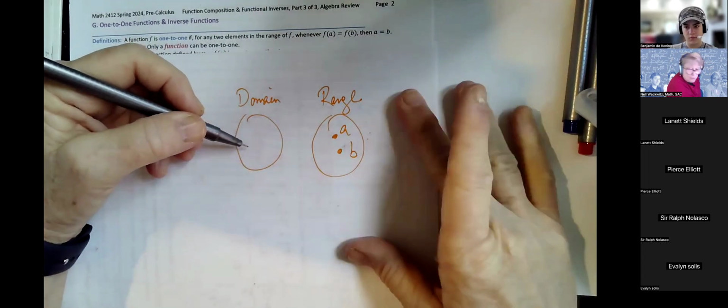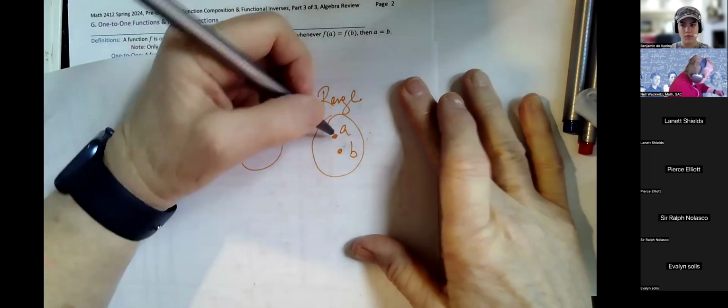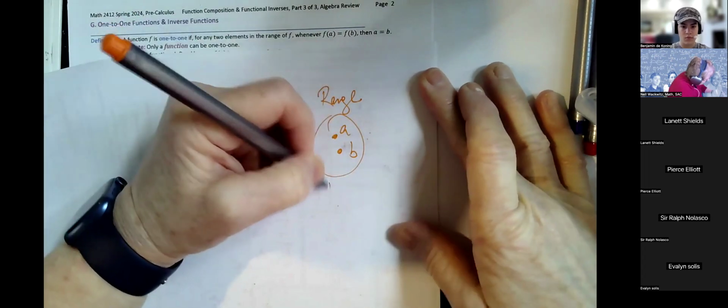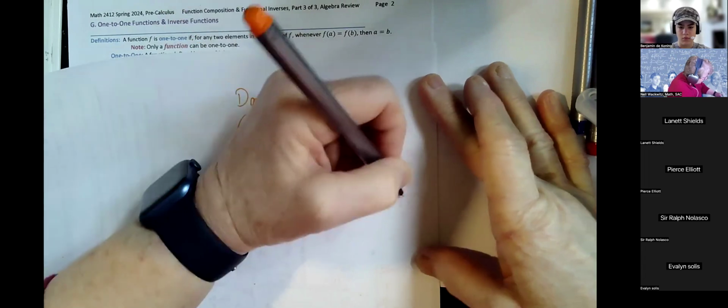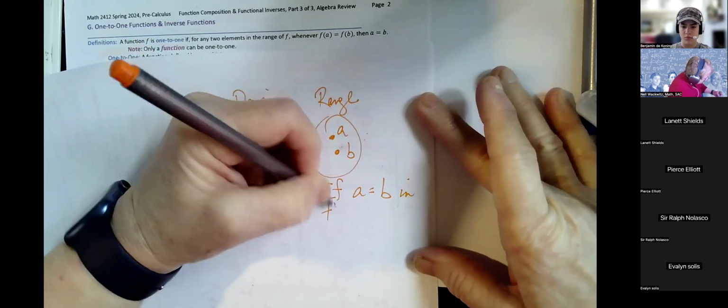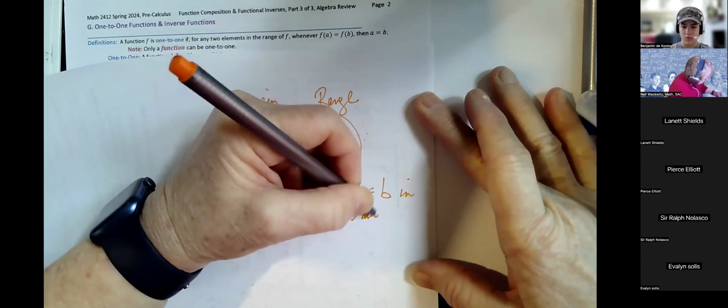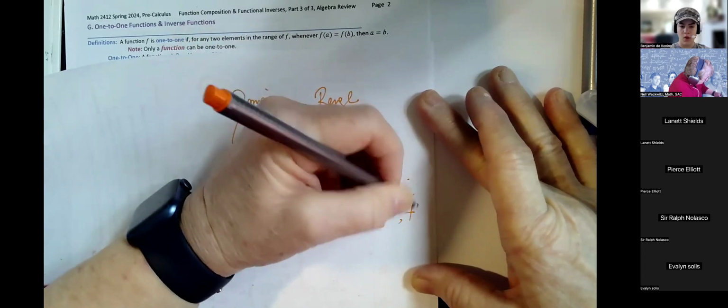But most of the time, the way that we do this is we say, if A equals B in the range, then the inverse mapping, whatever sent them there.